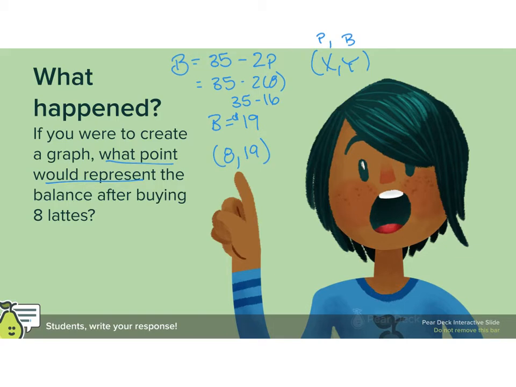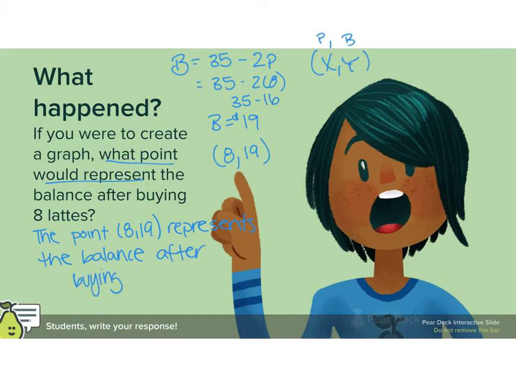So to answer this question, the point (8, 19) represents the balance after buying 8 lattes.